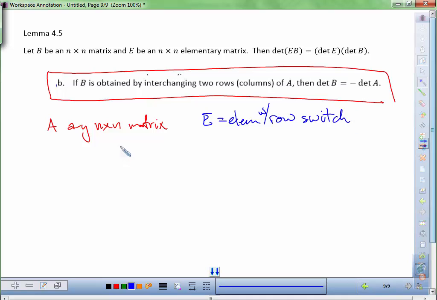Then E applied to A is going to be a new matrix where you interchange two rows of A.